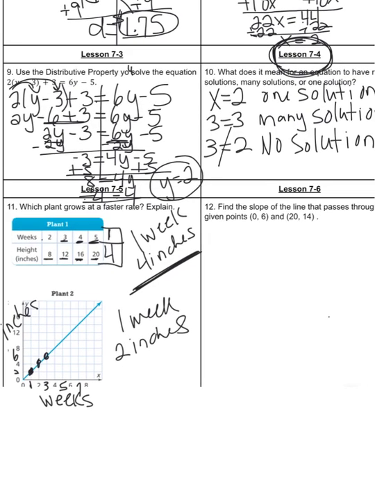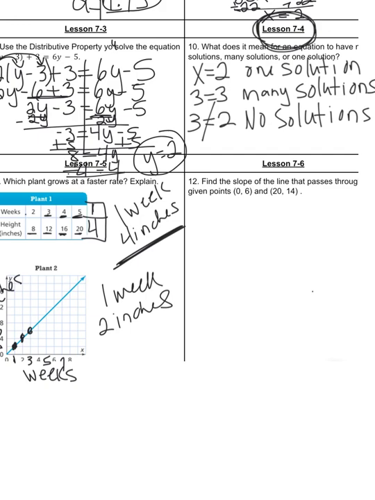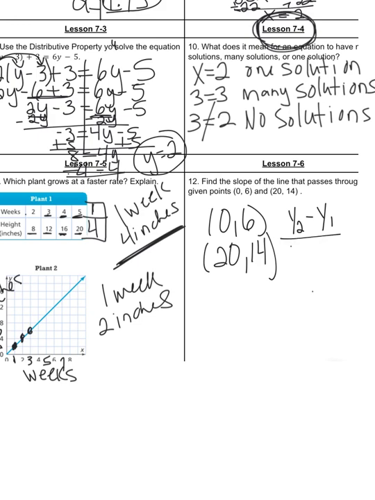Now let's look at 7-6, find the slope. Remember, the slope is the rate that the graph is going up by. So we have 2 ordered pairs, 0, 6, and 20, 14. And we were doing y in my second group minus y in my first group over x in my second group minus x in my first group.